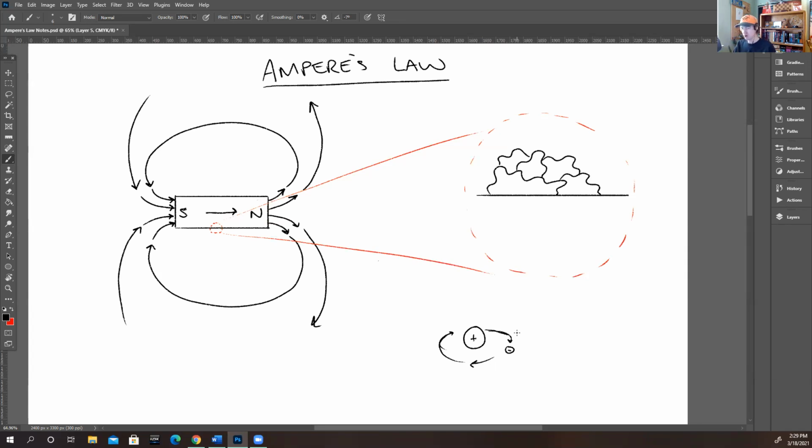It's this moving charge moving in a circle around this central charge that creates this magnetic field. We're using a right-hand rule here. In this case, I believe there would be an upward magnetic field. This would technically be the magnetic moment of the atom.